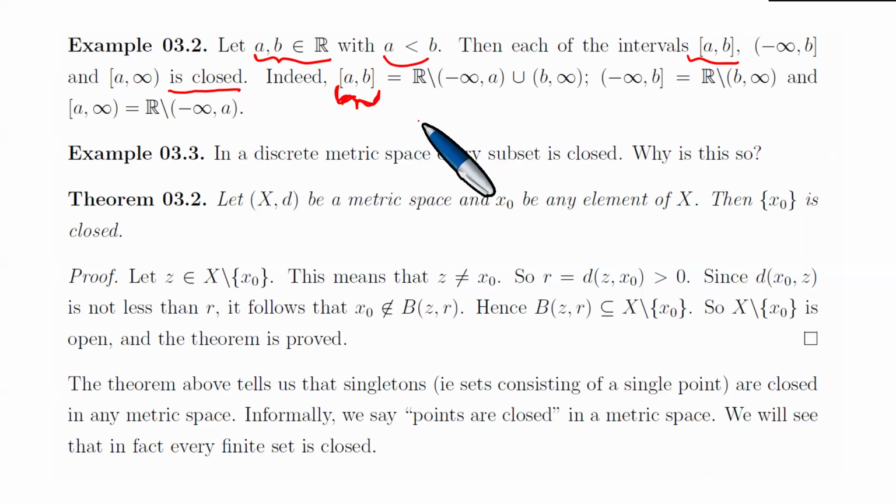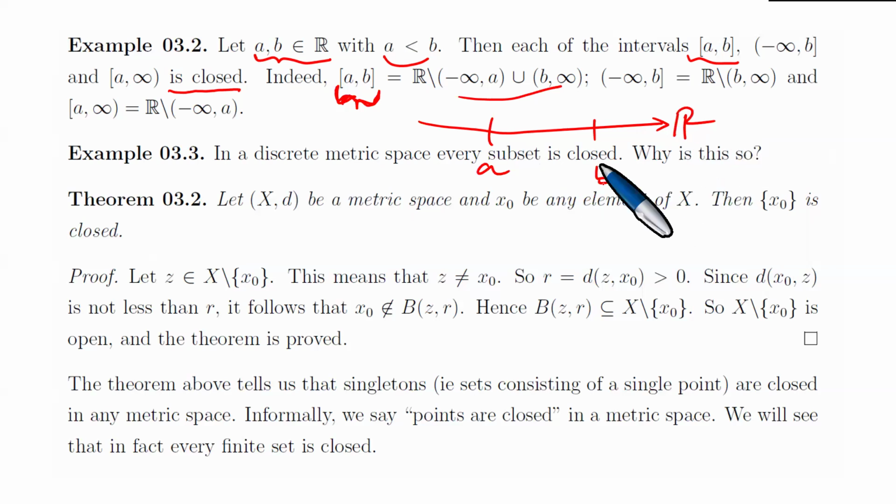So obviously we're arguing that if you take [a, b], and then you take the whole of R, you subtract the union of these. If this is R, with a and b, you take essentially the complement of these sets.